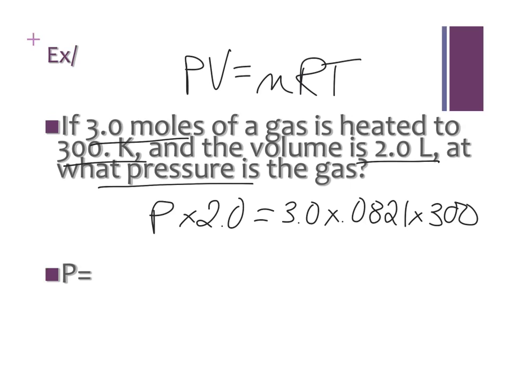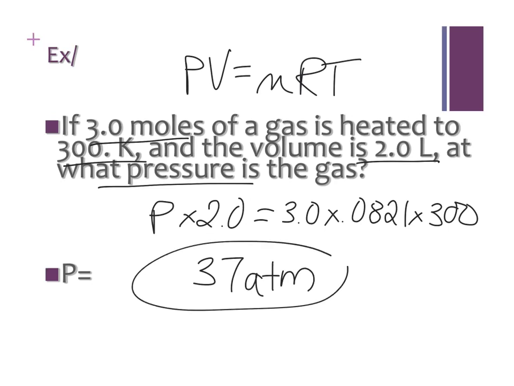So when I do this, what's the pressure of this gas? My least number of sig figs is 2, so I'm just going to round this off to 2. So it's 37, and again, pressure is in atm, so pretty high pressure here. Okay, so again, you know R, you know 3, solve for the remaining 1.